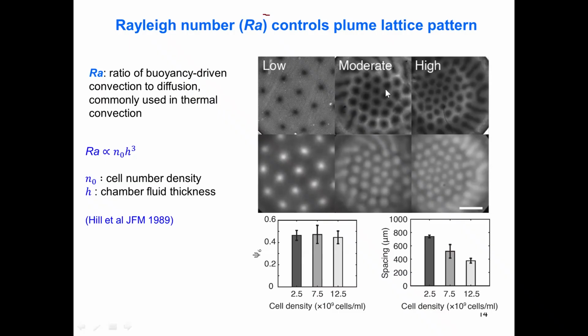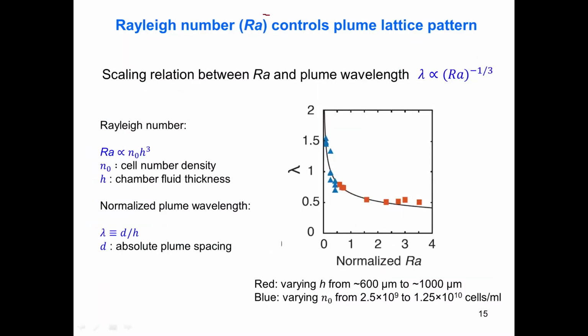Here, the upper panels are phase contrast images. The lower panels are fluorescence images. So here in the fluorescence images, the brighter dots represent the columns or the plumes. By tuning the chamber thickness H, we can systematically vary this normalized plume wavelength lambda defined here.